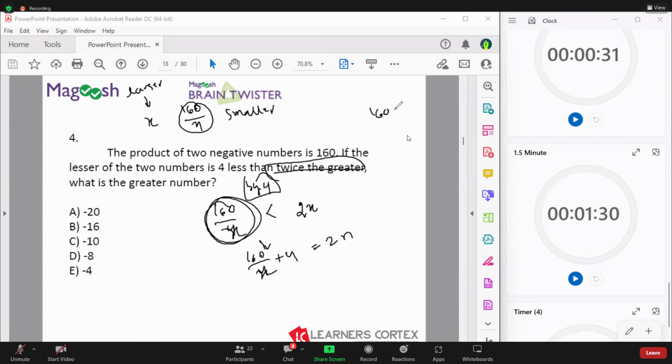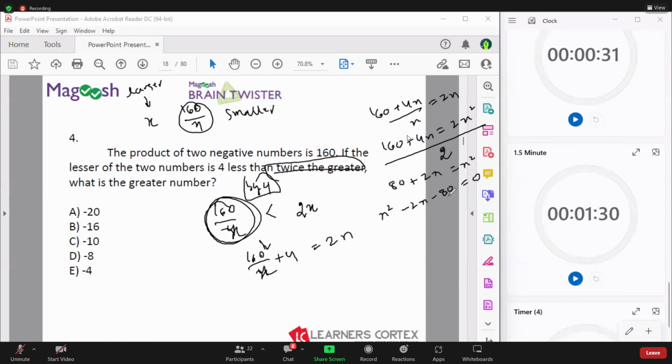So 160 plus 4x upon x equals 2x, or 160 plus 4x equals 2x square. We can divide this whole equation by 2. This becomes 80 plus 2x equals x square, or x square minus 2x minus 80 equals 0.